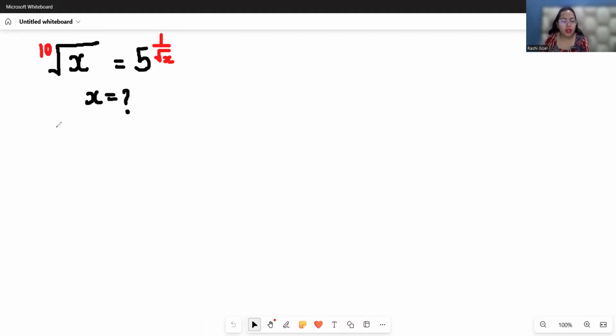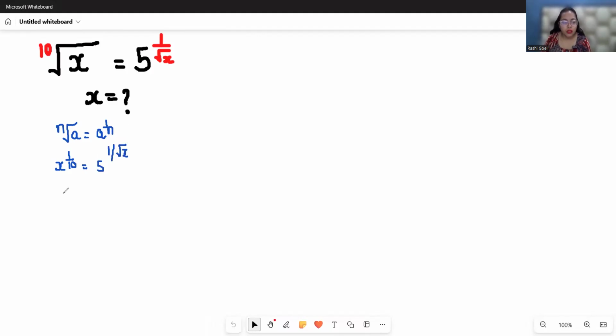So we can write nth root a as a power 1 by n. So this left hand side becomes x power 1 by 10 equal 5 power 1 by root x.